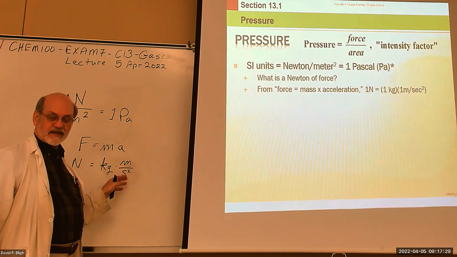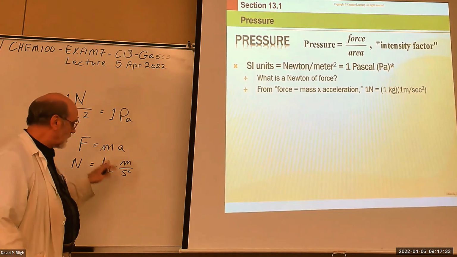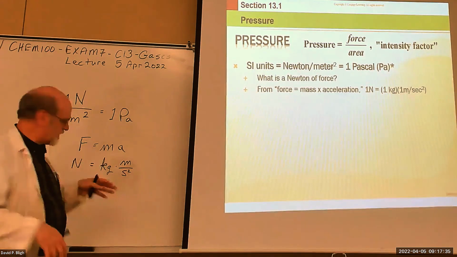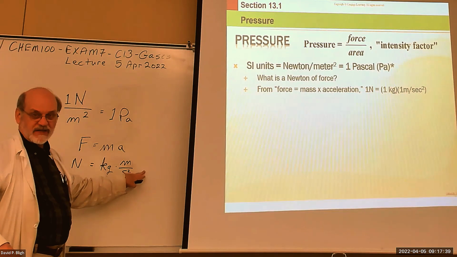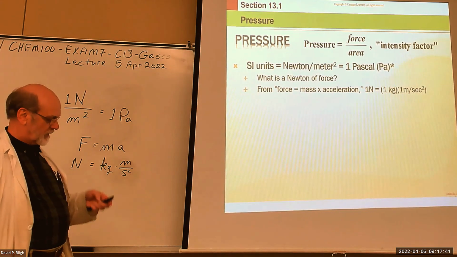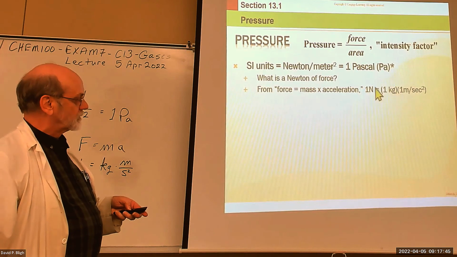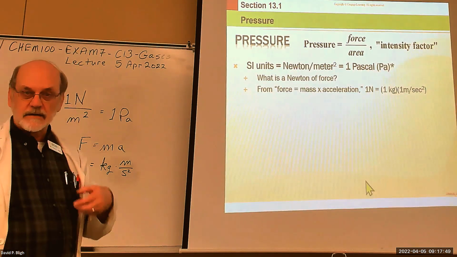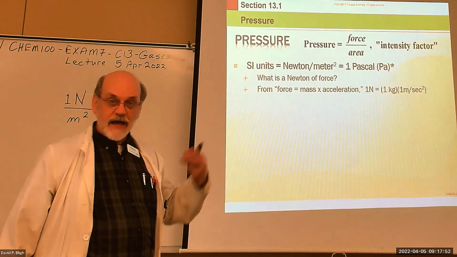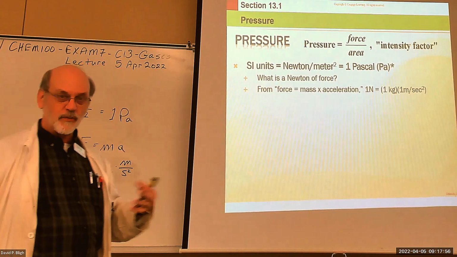Velocity is meters per second. Velocity per second is meters per second squared. So I said all that to say this: 1 Newton is equal to 1 kilogram meter per second squared. That's what this means right here. So if you need to make unit conversions, now you know what they're equal to. And in a calculation, you may have to know that.